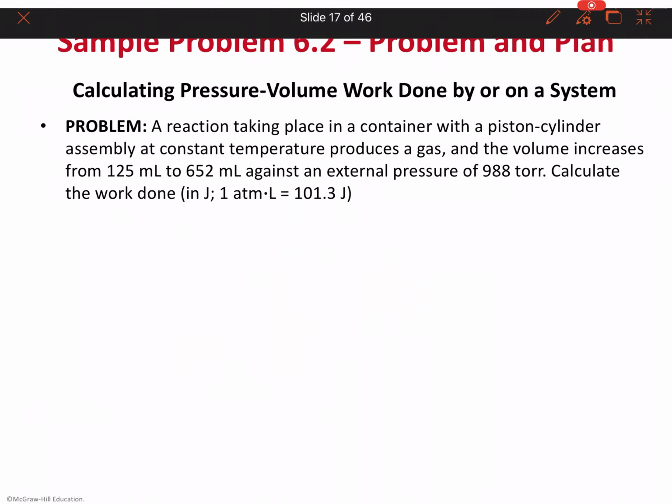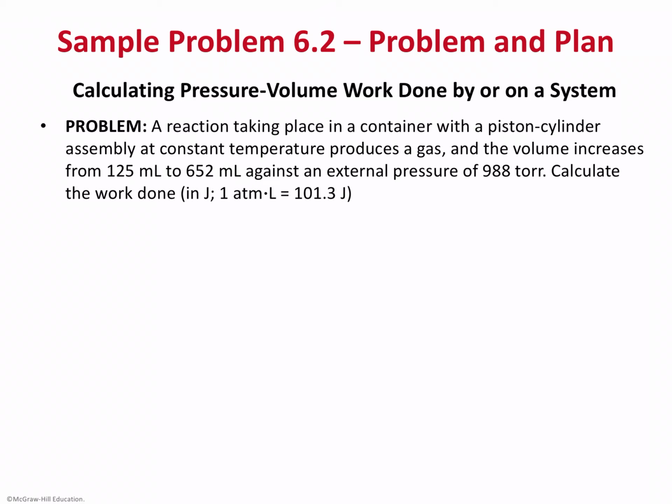Okay, now let's look at an example. A reaction takes place in a container with a piston-cylinder assembly, just like what we saw in the last slide, at constant temperature. The temperature doesn't change, but the gas is expanding by itself. Maybe it's like the burning of a hydrocarbon with oxygen.